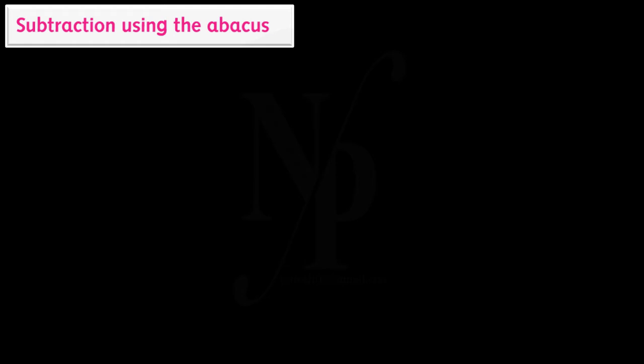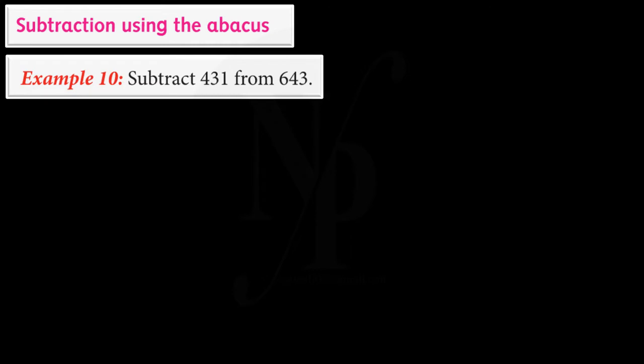Now let us learn the subtraction using the abacus. Now we will see subtraction of the same numbers that was done in example number 10. Subtract 431 from 643. So we are repeating this subtraction, but this time we are using an abacus. To subtract 431 from 643, first we should make 643 on an abacus.